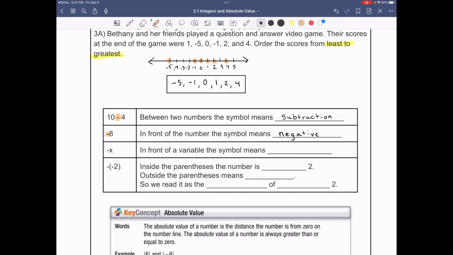Then in front of a variable, the symbol means opposite. So we would read this as opposite x. If we have a negative inside parentheses, we read it as -2.